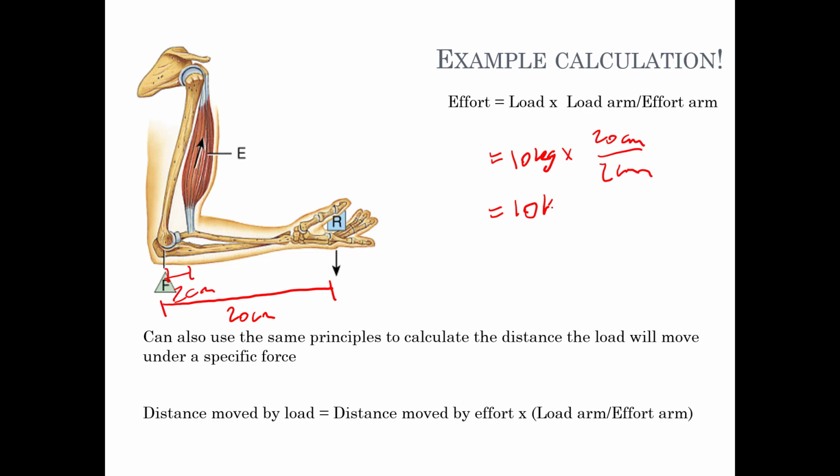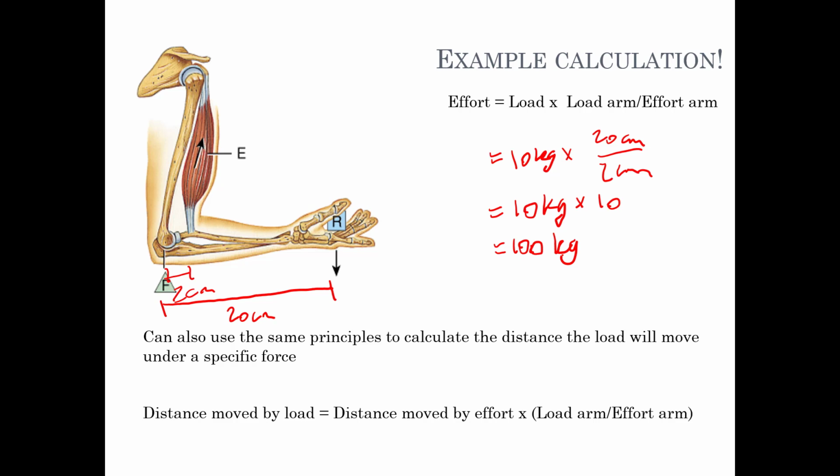So 10 kilograms multiplied by 10 divided by 2, which ends up being a value of 10. So 10 times 10, we can see that we need to input 100 kilograms of effort into our lever here in order to move our 10 kilogram weight.